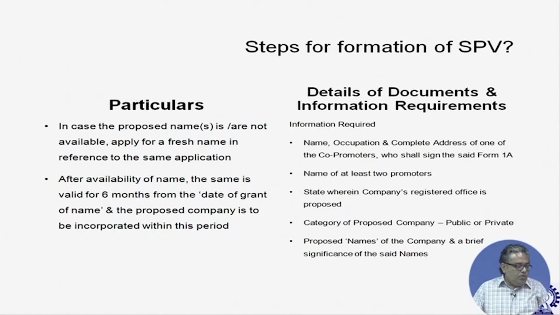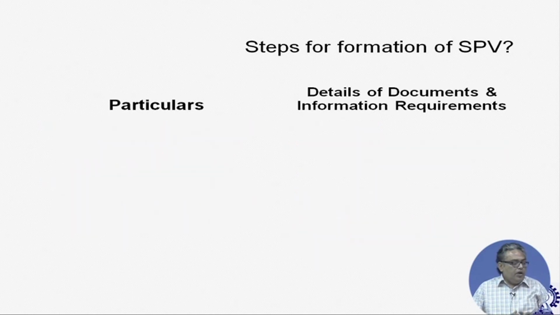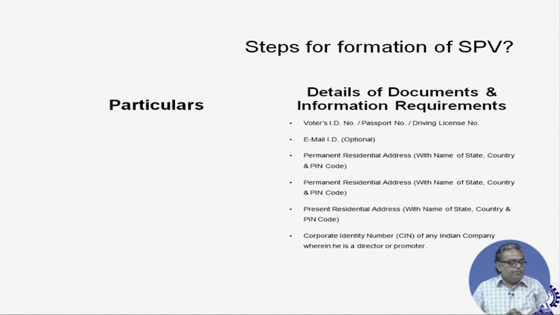Now, you need to propose the brief significance of the said name, that is why you are proposing that. Generally, it is advised that the objective clause should have some kind of relation with the proposed name of this particular company. And your company's name should be indicative of what kind of business you are carrying forward.